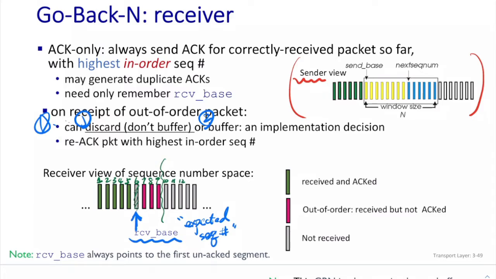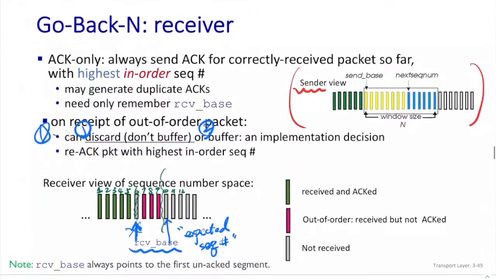And of course at this moment we move the receive base to the new expected sequence number, which is 10, for example, right here. So that is how the Go-Back-N sender and receiver work.